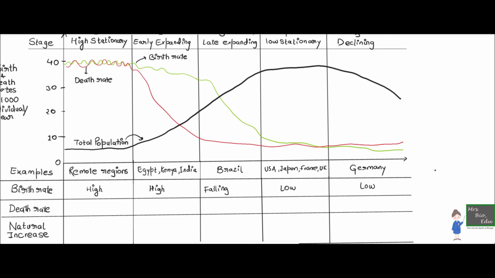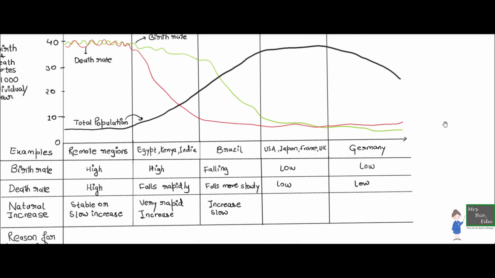So you can see that for the high stationary, the birth rate is very high and the death rate is very high, both are very high, but the total population is very low. For early expanding, the birth rate is high, but the death rate has started declining. For late expanding, both are rapidly declining, but the death rate is falling more slowly because it is already quite low.